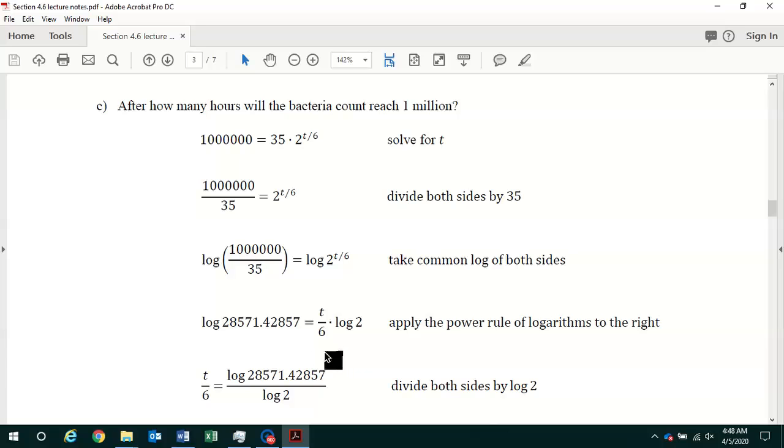Okay. Now, we're solving for t. So we divide now on the right-hand side. We have t over 6 times the log of 2. What undoes multiplication? Division. So we divide both sides by the log of 2, and then when I switch the two sides of the equal sign, I have t over 6 is equal to log of 28,571.4 over the common log of 2.